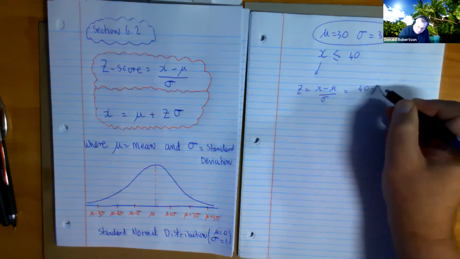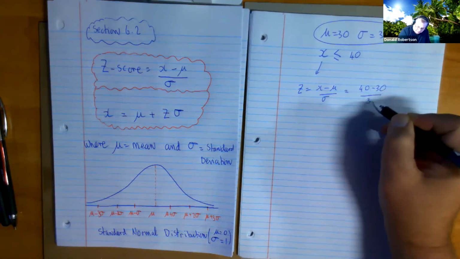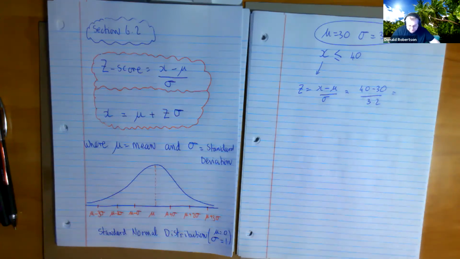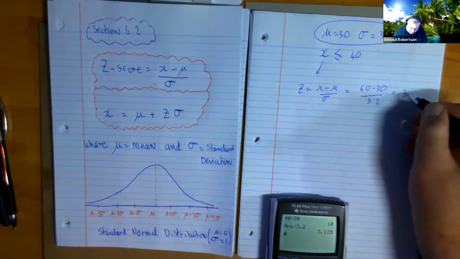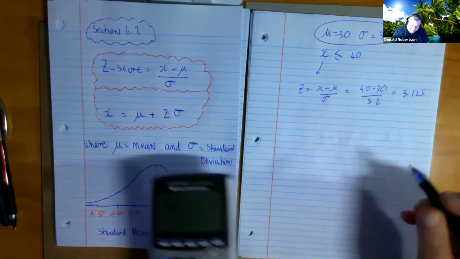So 40 take away 30, divided by 3.2. You go 40, take away 30, divide it by 3.2, and you get 3.125.